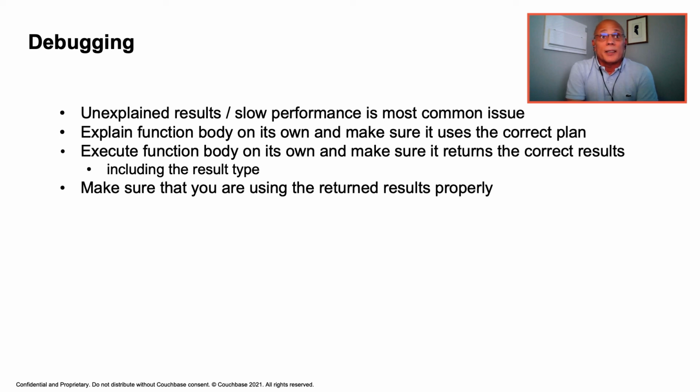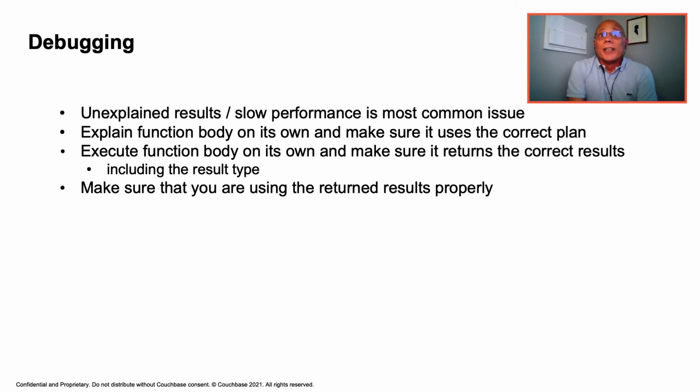First thing is get the body out of the function, and then run EXPLAIN on it. Make sure that the explain shows a plan that makes sense and not, for instance, a different index or primary scan.